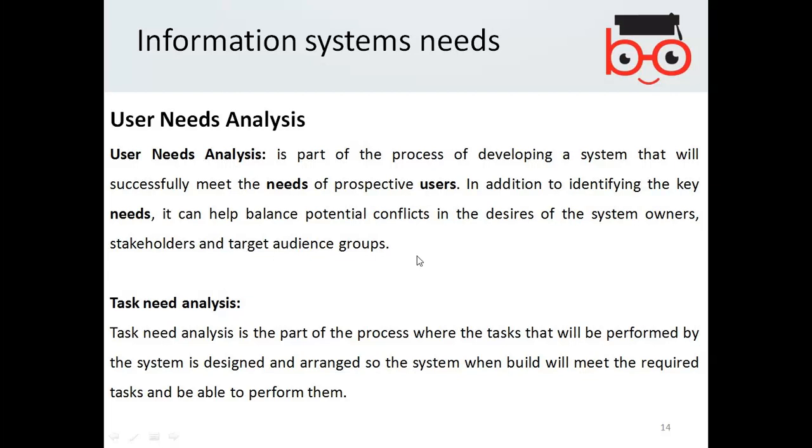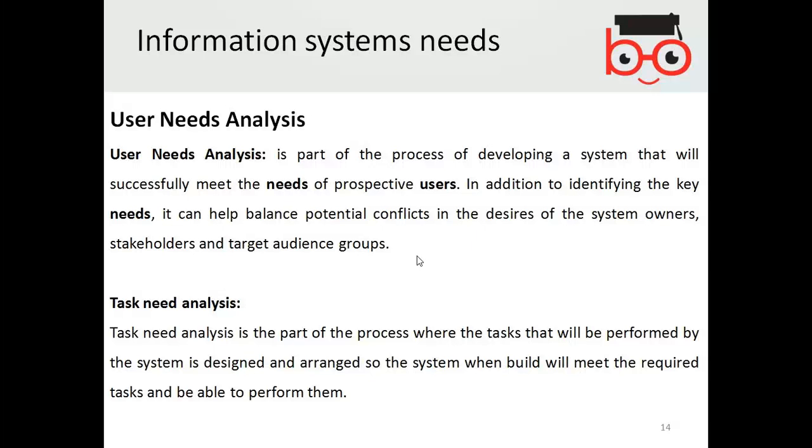So, whenever you are going to develop a system, a successful system can only be made if it can fulfill the needs of the prospective users. If the needs of the prospective users cannot be fulfilled, then the system cannot be developed well.